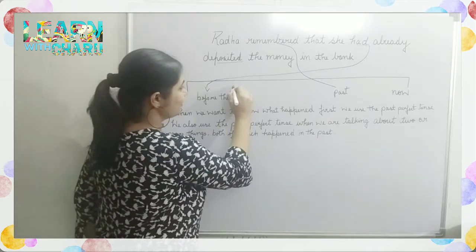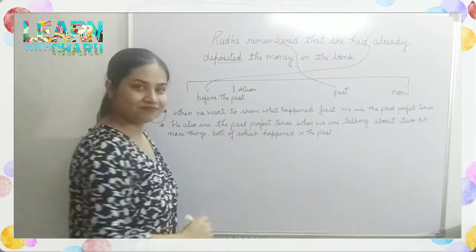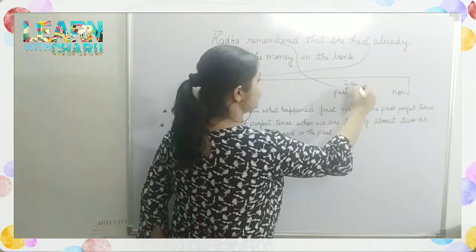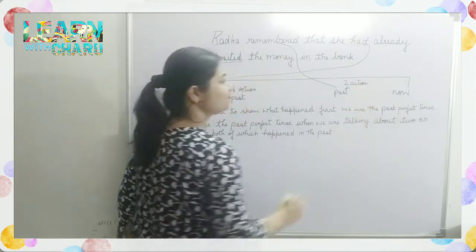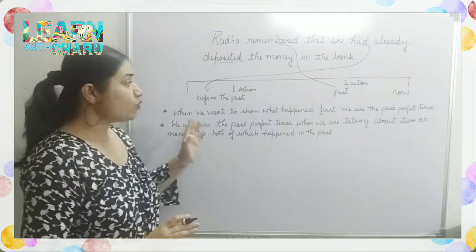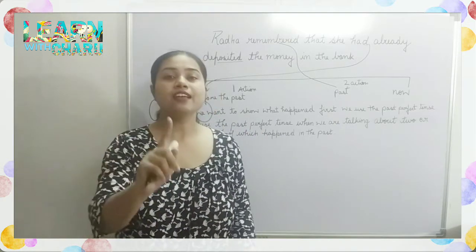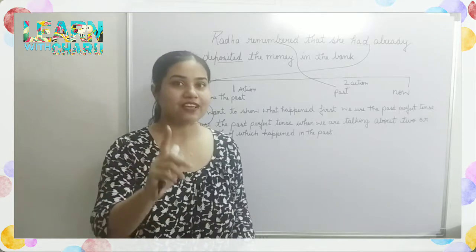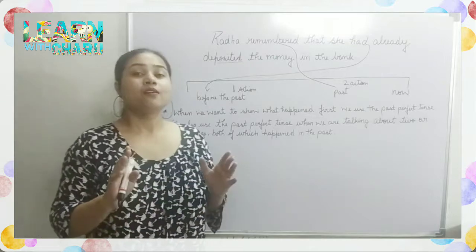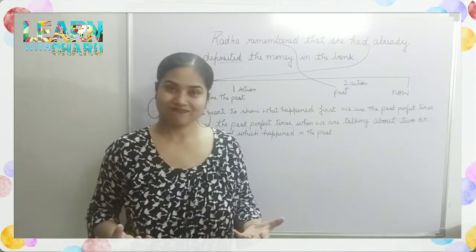This is the first action. And what is the second action? This is the second action. Do you understand this? When we want to show what happened first in the past, we use past perfect tense, and we can also use it when we are talking about two or more events, right?